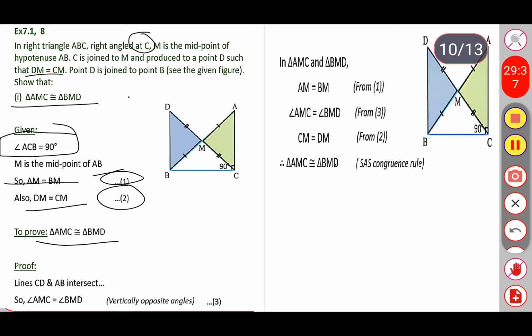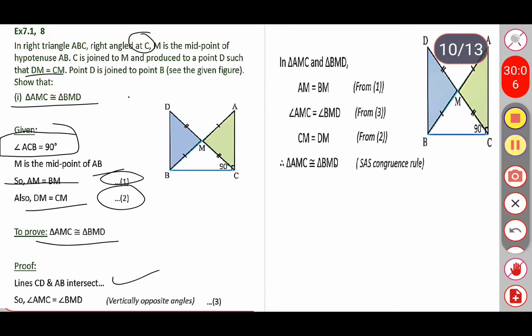So let's start the proof of the given question. Lines CD and AB intersect at point M. Once two lines intersect, they form two pairs of vertically opposite angles.